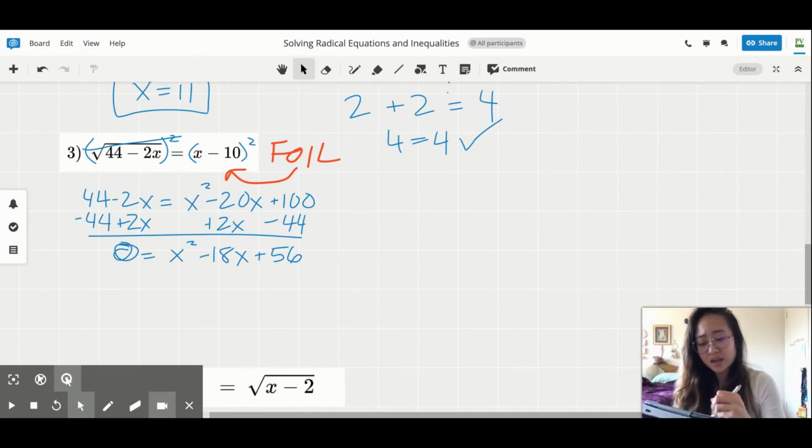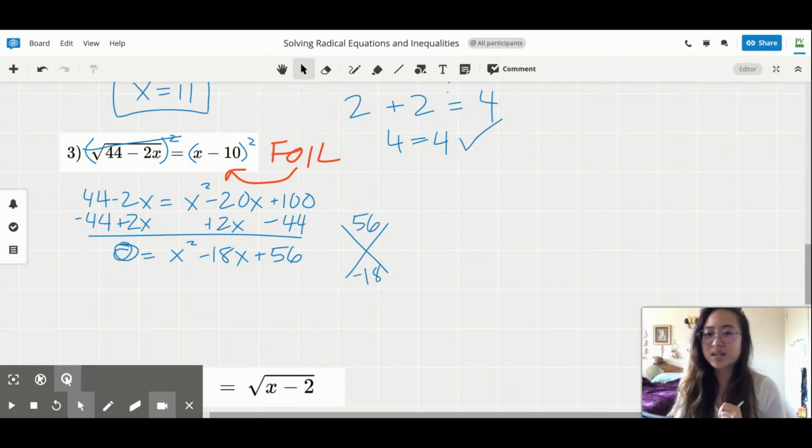I use the x method of factoring because I like to visualize the two numbers that I need. For this one, we need to think of the two numbers that multiply to 56 but add up to negative 18. And those end up being negative 14 and negative 4, specifically.